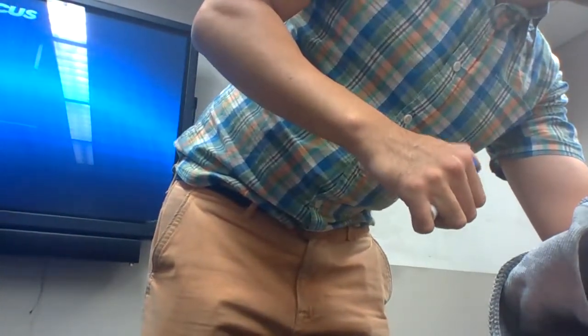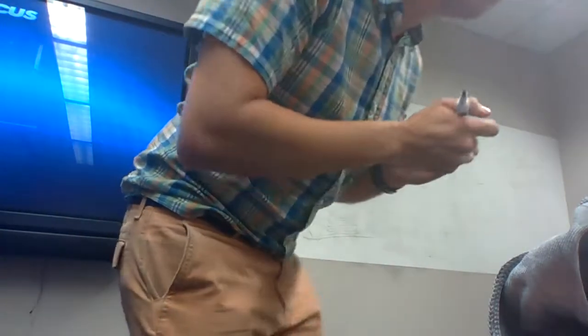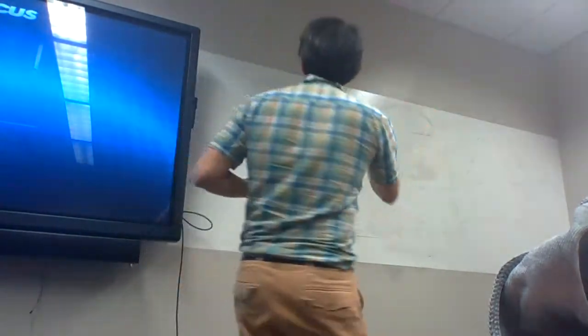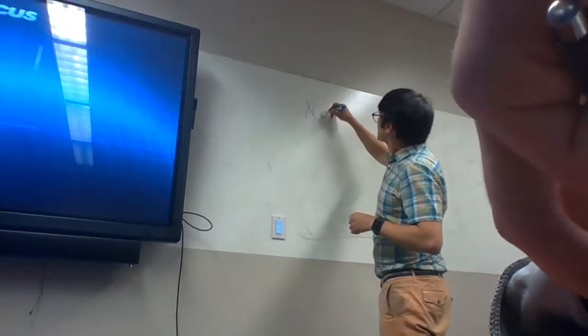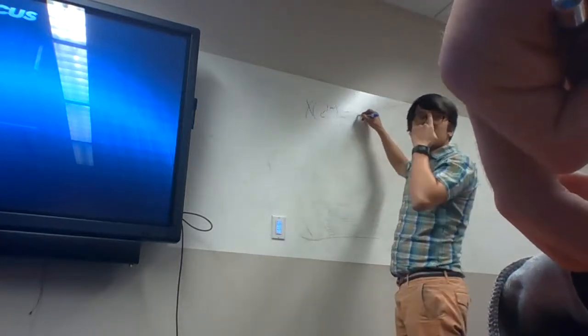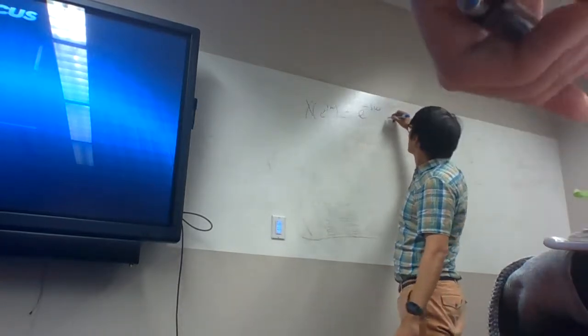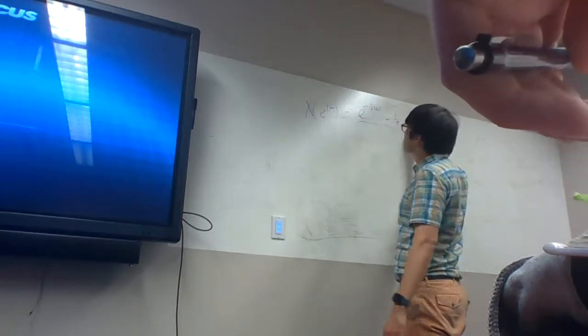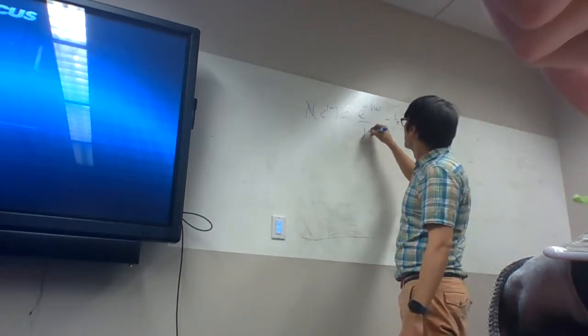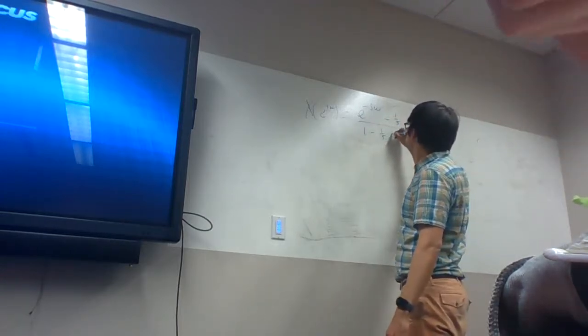So it was x of e to the j omega is e to the negative j omega minus 1/5 over 1 minus 1/5 e to the negative j omega.